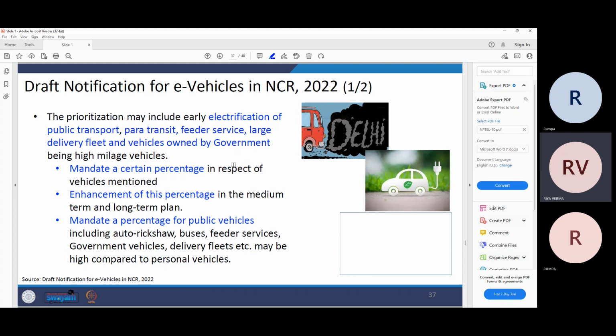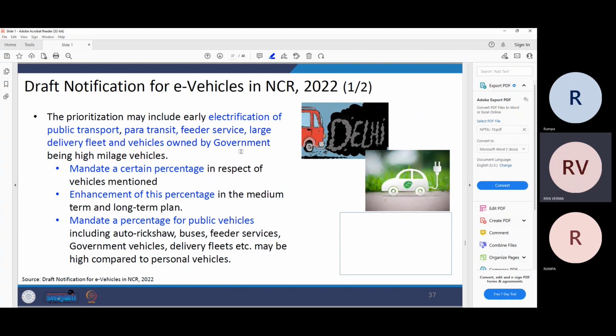Every public bus that you see is now electric in Delhi area, and paratransit, feeder service, large delivery fleet, and vehicles owned by the government, being high mileage vehicles, these all have been electrified. Then we have mandated a certain percentage in respect of the vehicles mentioned. That is, some percent of the total number of vehicles will be electrical vehicles.